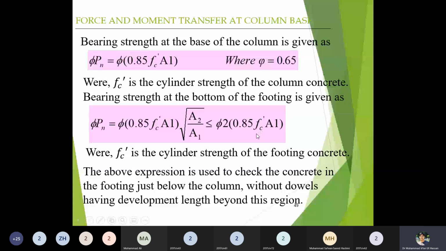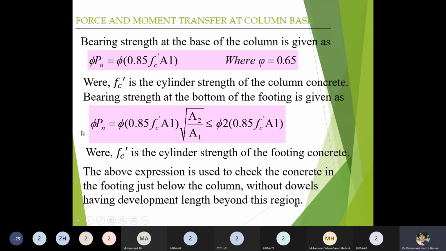And now this is the capacity of our available structural components, column and the footing. But now we will see whether the dowels are needed or not. For that we will see whether our phi Pn, the bearing strength, is larger or the column load is larger. If the column load, the column reaction at the bottom of the footing, is larger, then you have to go for the dowel bars.